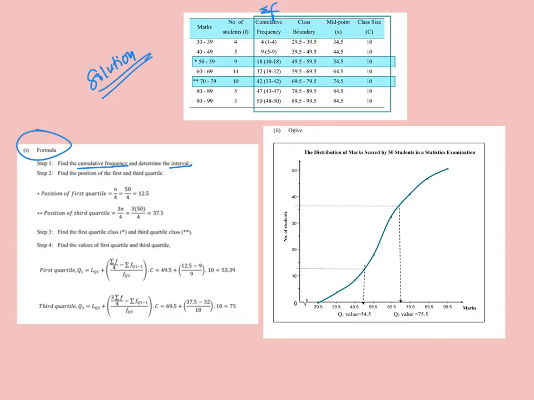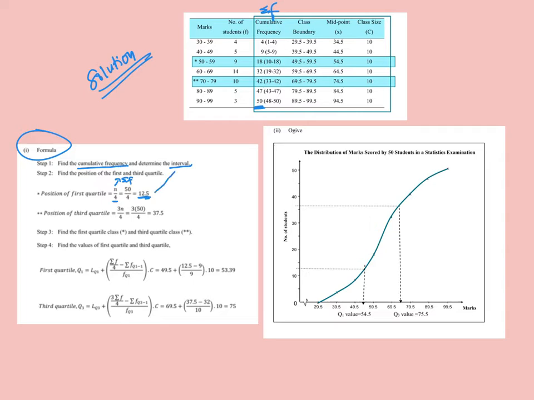Step number 2, find the position of the first quartile. Using the formula, n is the total cumulative frequency, which is 50. So 50 divided by 4, and the position of quartile 1 is 12.5.